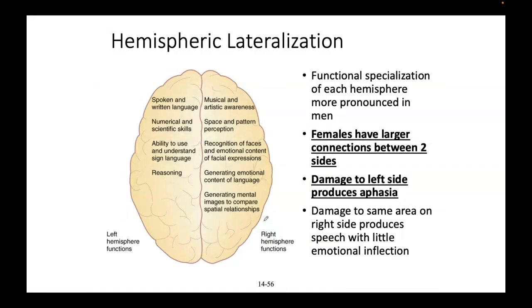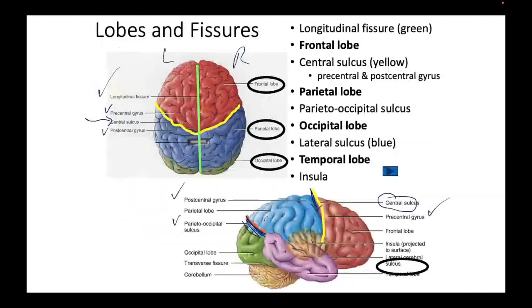Now, in terms of lateralization, even though we have this fissure right here, like the longitudinal fissure that separates the two, there's going to be corpus callosum that connects the left and right hemispheres together. So even though we say someone may be more left-brained or right-brained, they're talking to each other, okay?